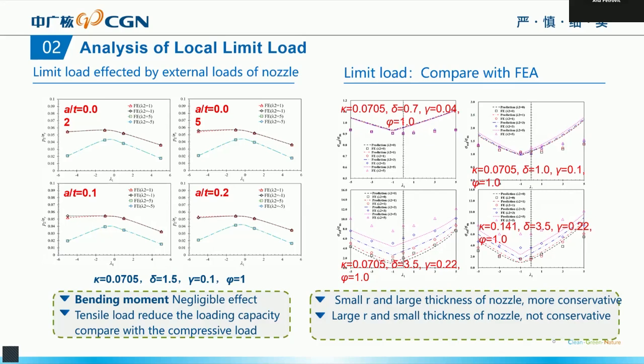Comparing the limit load with the finite element analysis, it shows that for a small radius and large thickness of the nozzle, it generates a more conservative result. On the other hand, for a large radius and small thickness of the nozzle, the result is not so conservative.